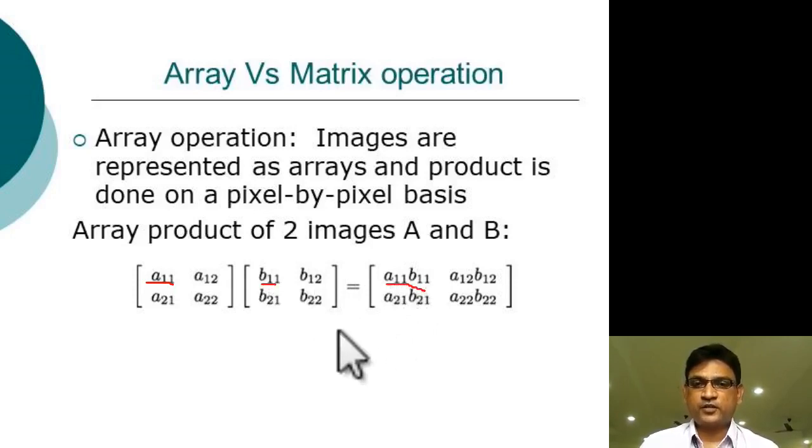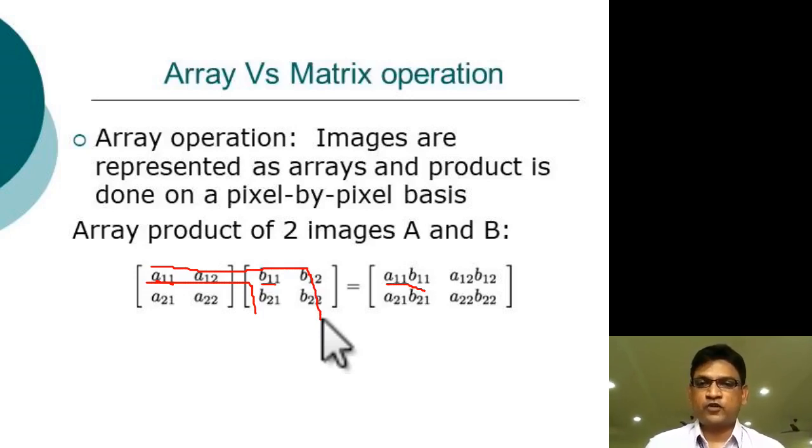Whereas in a matrix operation, we perform the product and sum like this for the first element, and likewise for the second element. Generally for image processing, we use array operations only, performed on a pixel basis.